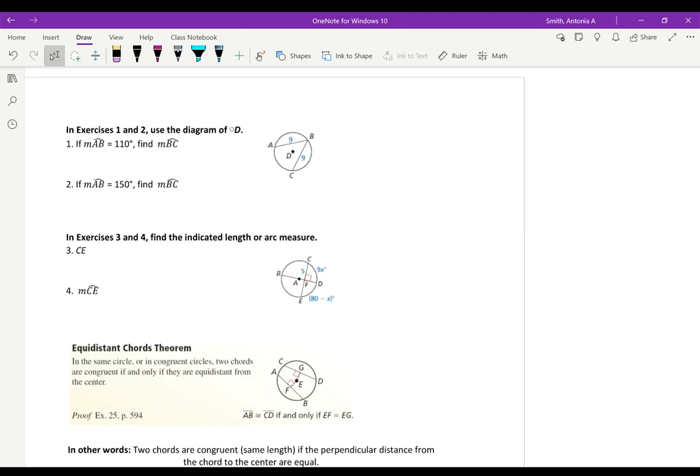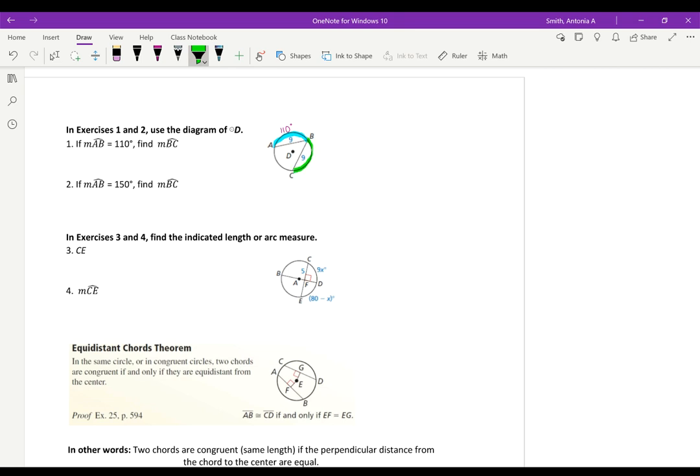Okay, next example, it says in exercises 1 and 2, use the diagram of circle D. So if the measure of arc AB, right there, is 110 degrees, find the measure of arc BC, or this piece over here.